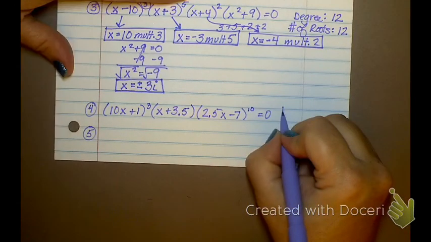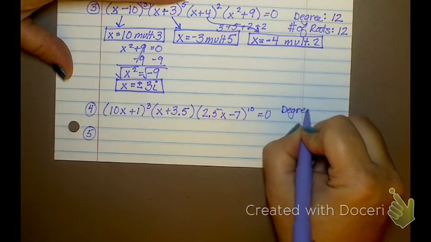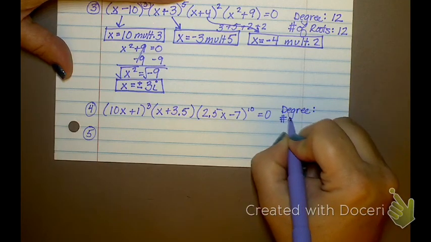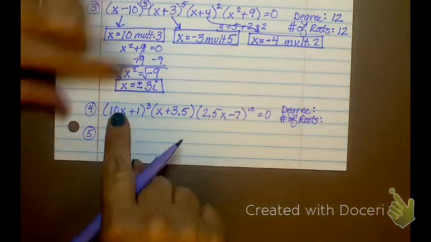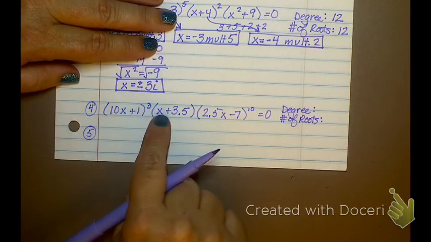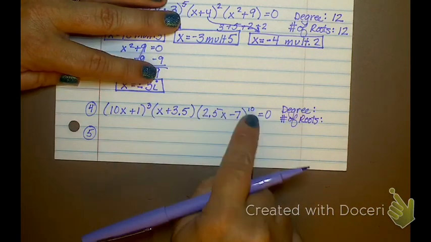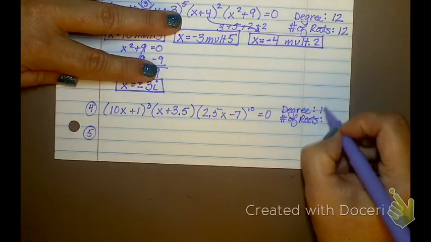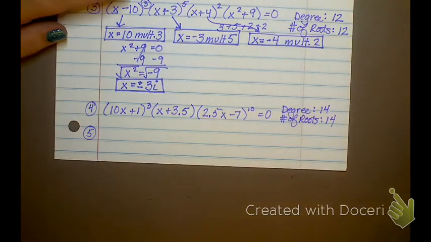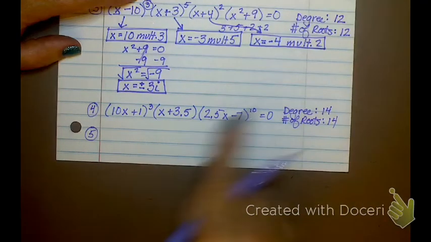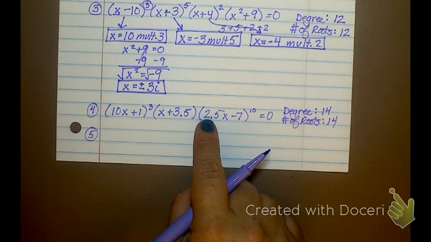What is my degree? 14. I hear 14. So I have 3 here, and then another one makes 4, and then 10 here makes 14. So you would expect to find 14 answers there, which seems overwhelming, but if you look at one of them having a multiplicity of 10, that knocks out a lot of them real quick, right?